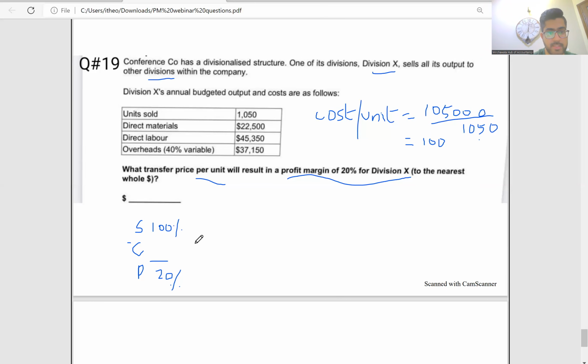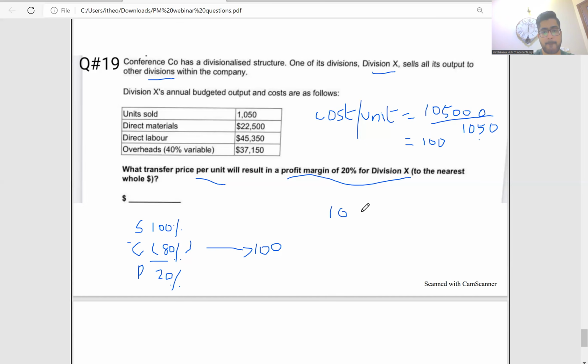So sales 100% and 20% is the profit. The balancing figure cost is going to be 80%. So cost per unit is 100 and the percentage is 80. You need the price at 20% margin. So for price, take that to 100%.